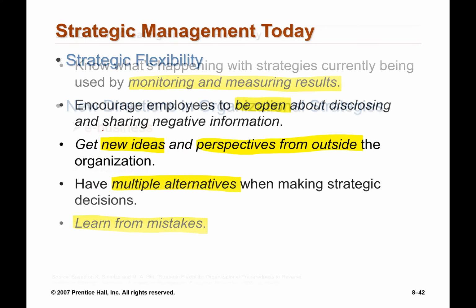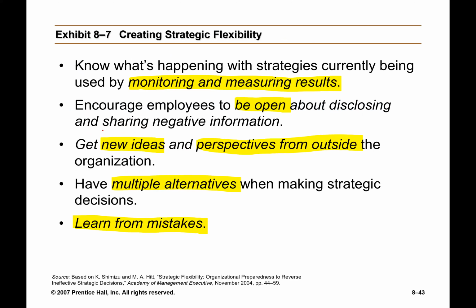Okay, strategic flexibility means you basically listen to either your workers, you listen to the customer, what basically the customer wants, and then you learn from the mistakes in order to basically maintain your business. It is not like the old way of doing things. The old way of doing things, you just basically produce product.